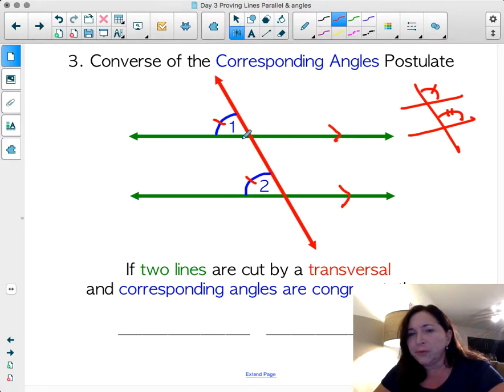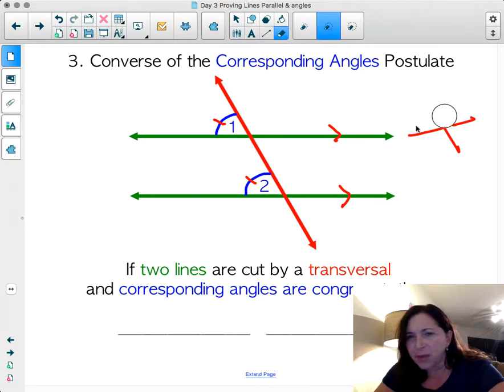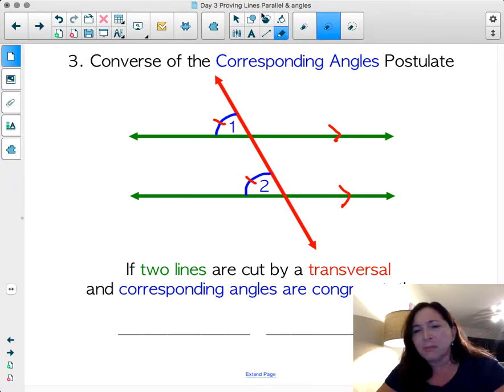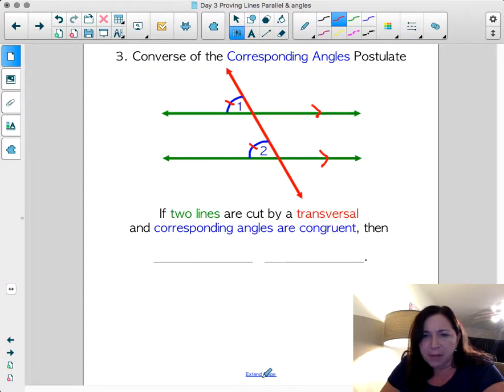Or if I proved that these two angles are congruent, that would form parallel lines. So the point is that you can have corresponding angles, but they don't have to be parallel. But if you do have congruent corresponding angles, then the lines have to be parallel. If two lines are cut by a transversal and corresponding angles are congruent, then the lines are parallel.